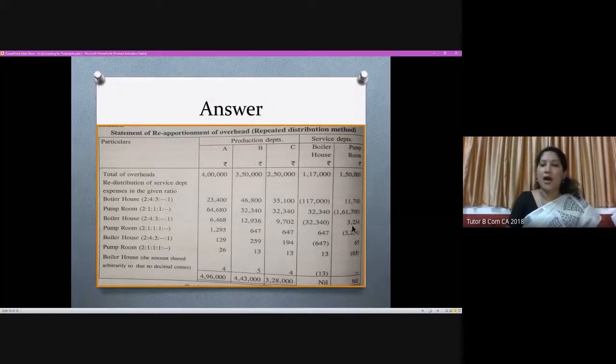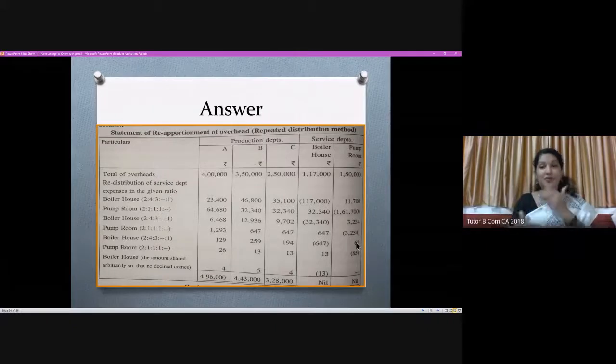So I'm going to nullify this. I put 3,234 in brackets and try to share that in the ratio 2:4:3:1, that is A, B, C, and also the pump room. So that's what I'm going to do.